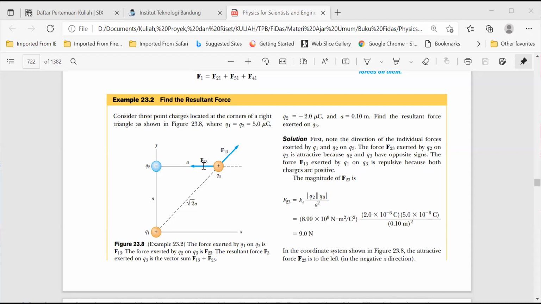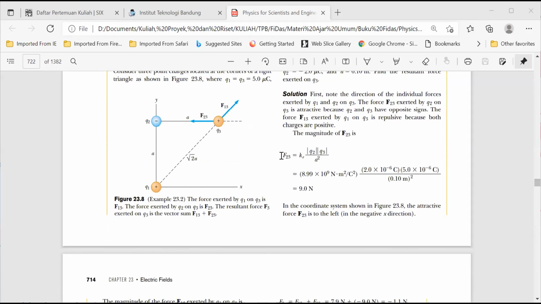Last week I said that F23 means the force acting on Q2 caused by Q3, but this F23 means the force acting on Q3 caused by Q2. Okay.